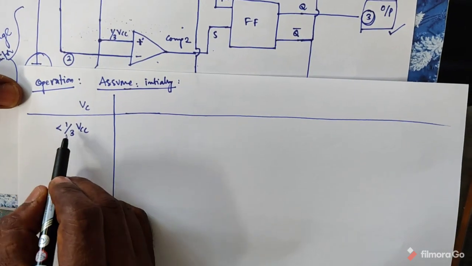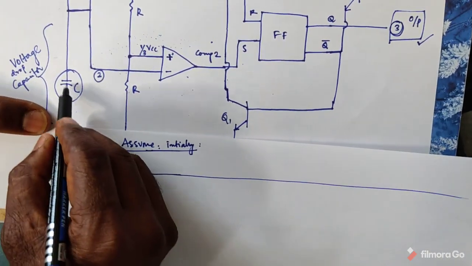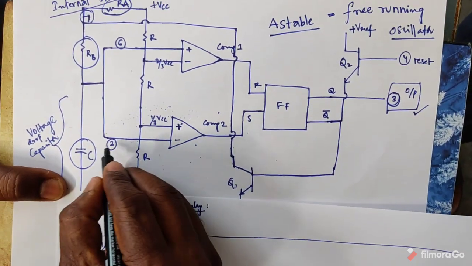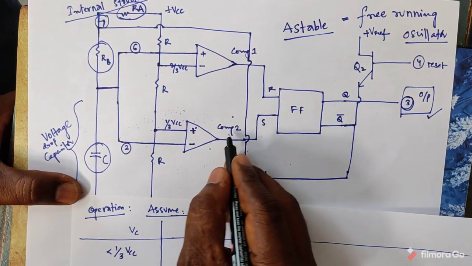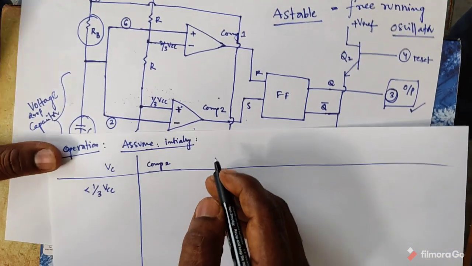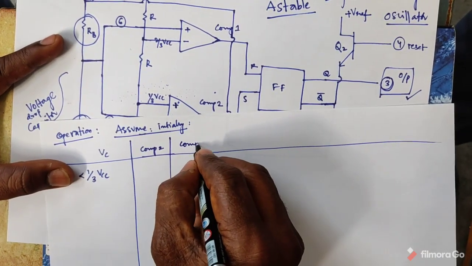This 1/3 of VCC value is commonly connected to second pin as well as sixth pin. Less than 1/3 of VCC is comparator 2, the response for comparator 2 and comparator 1.